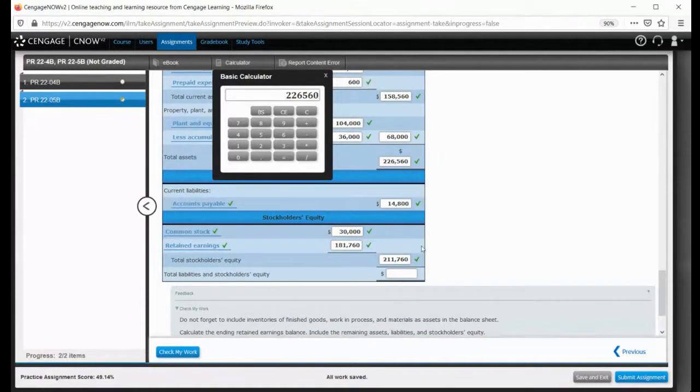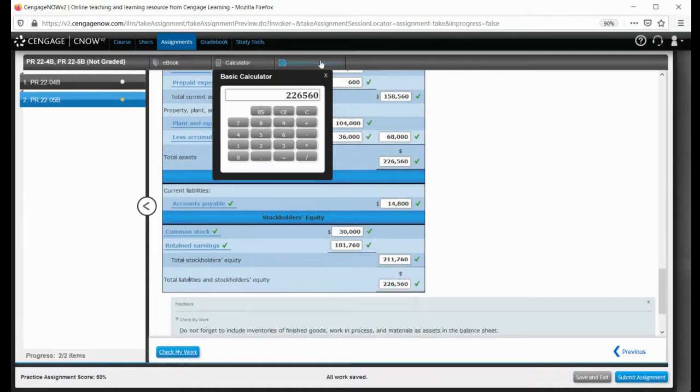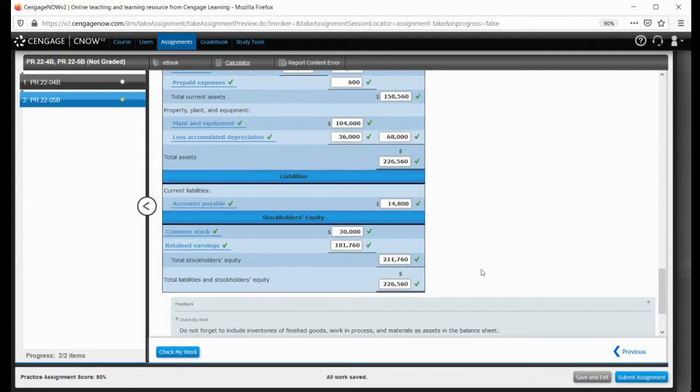So these two are added together to get 226,560. Notice that your total asset amount of 226,560 has to balance with the total liabilities and stockholders' equity. So these two amounts are the same.